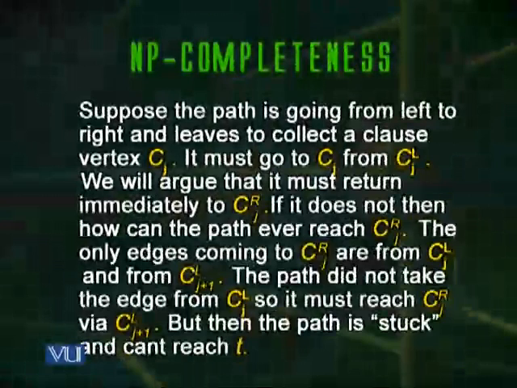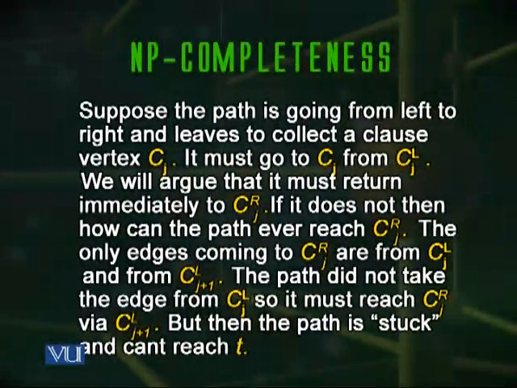The only edges coming to C sub jr are from C sub jl and from C sub j plus 1 l. This path did not take the edge from C sub jl, so it must reach C sub jr via C sub j plus 1 l. But then this path is stuck and it cannot reach T.